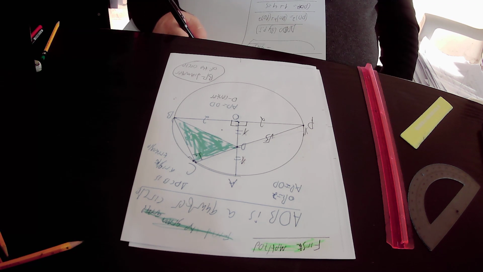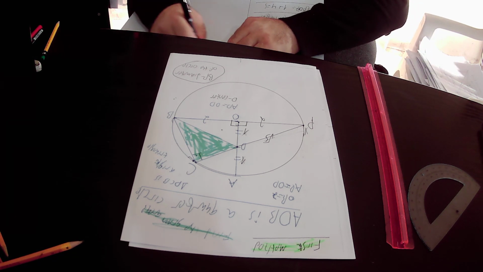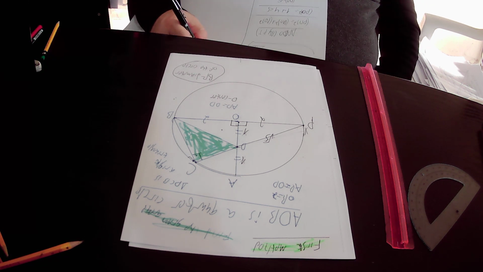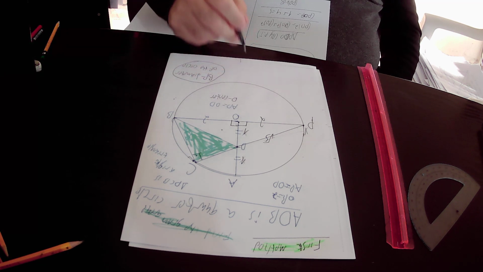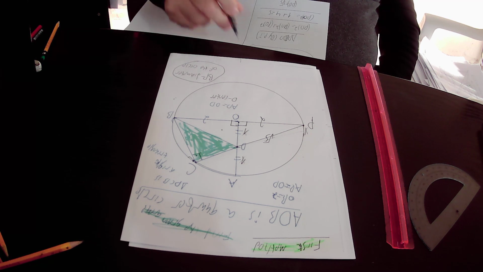So according to the Pythagoras theorem on the right triangle DOB, DB square equals DO square plus OB square.